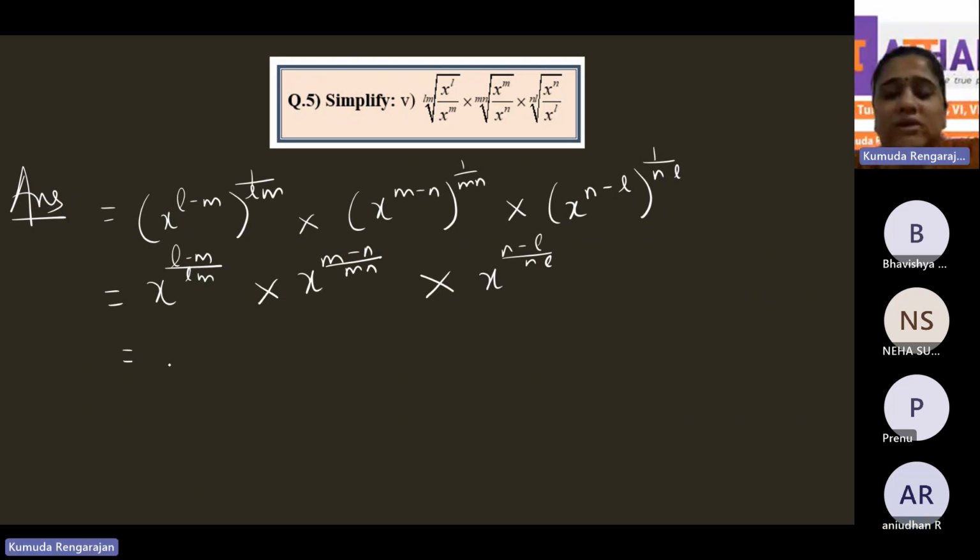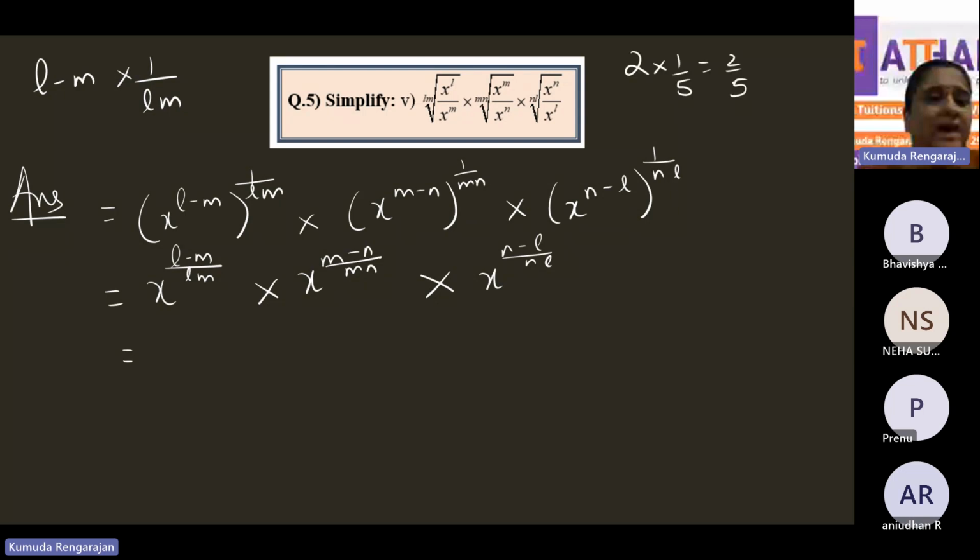Very good, Anirudhan. So now how do we get this one, children? We have to multiply l minus m and 1 by lm. When you multiply the powers, like 2 into 1 by 5, you will get 2 by 5. Similarly, l minus m into 1 by lm gives l minus m by lm. Similarly, these two powers give m minus n by mn.